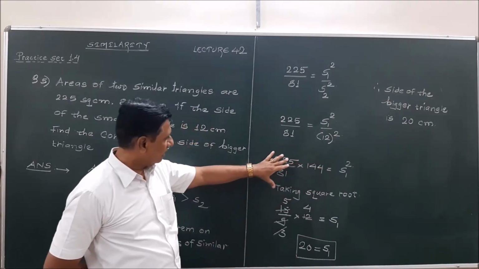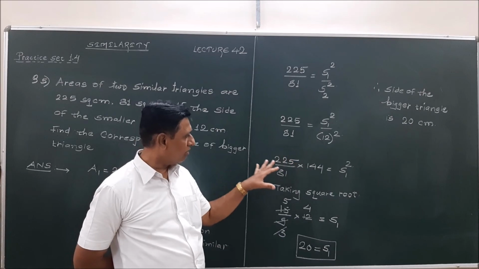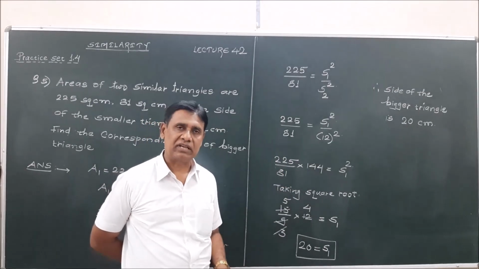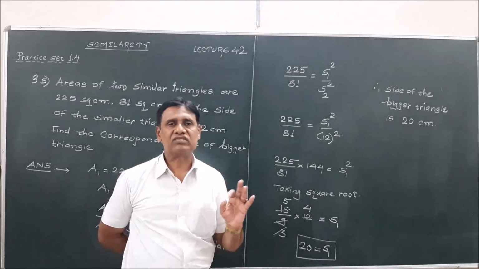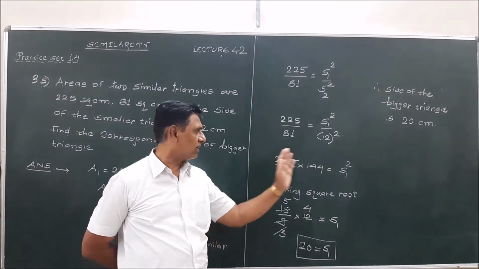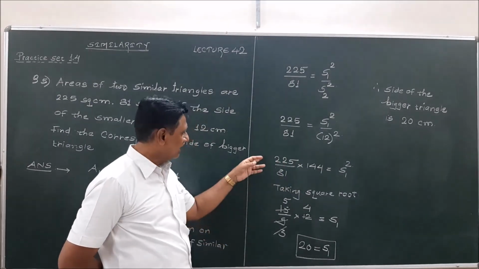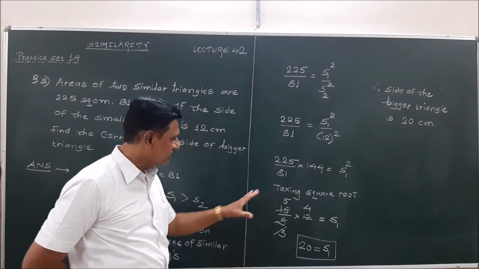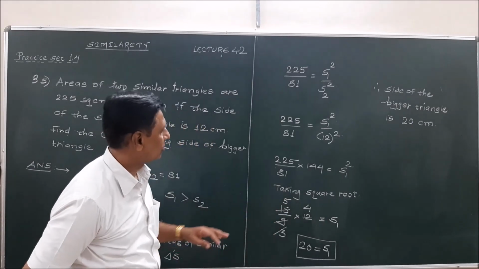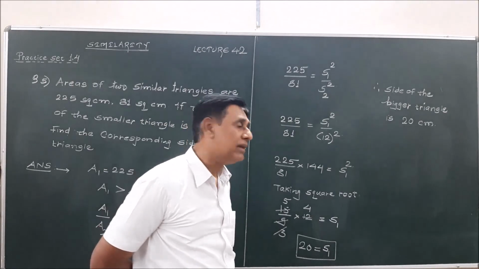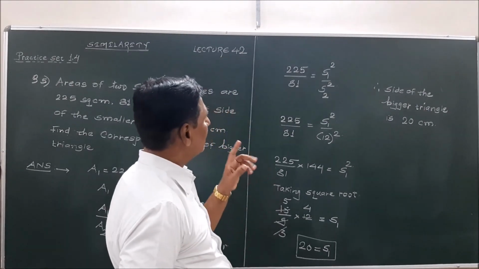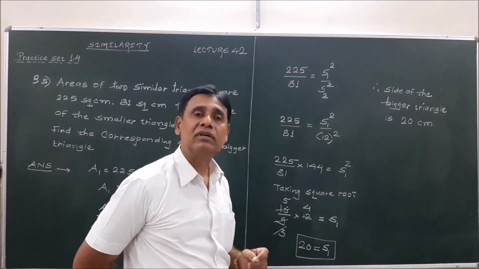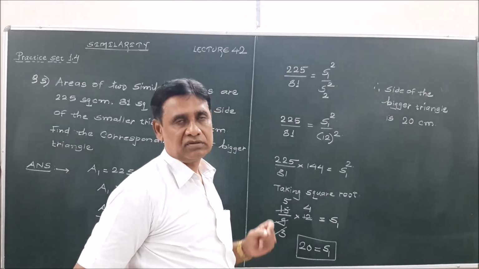You will notice one thing very interestingly, that all these numbers on left hand side, these all are perfect squares. So taking square root from both sides, I'll get this as 15 upon 9 into 12. So after this cancellation and all, I got S1 as 20. But what is S1? S1 is a side of the bigger triangle, and that is 20.